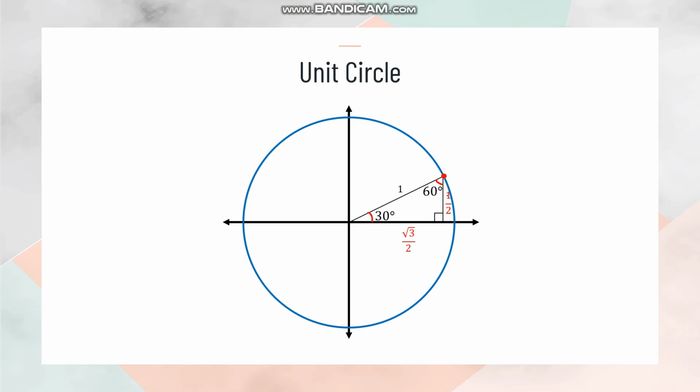And then the height is 1/2. So therefore, we can say that the coordinates of this point are square root of 3 over 2, 1/2. So the x-coordinate is square root of 3 over 2, or the longer leg of our right triangle, and the y-coordinate is 1/2, which is the height or the shorter leg of our right triangle.